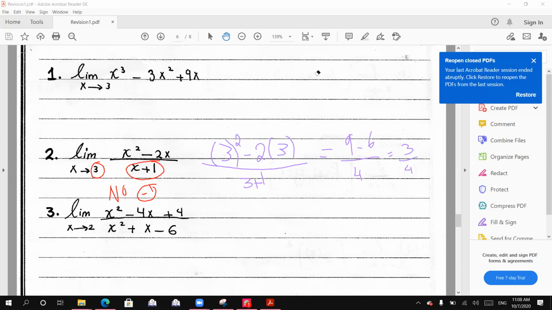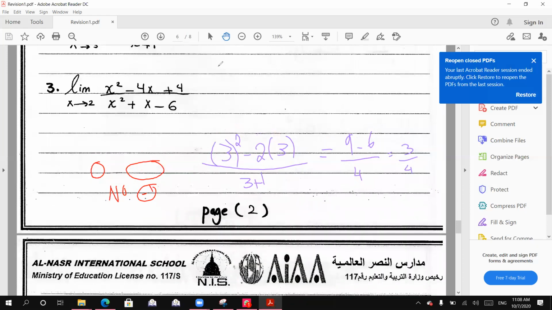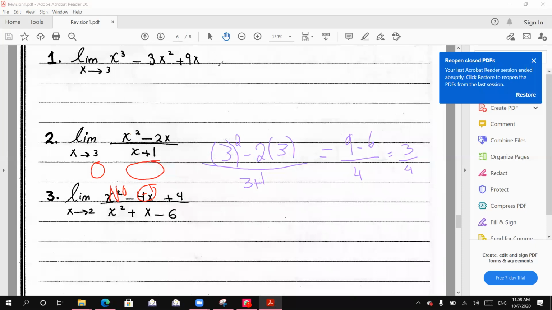Is it clear here? Look at the zeros of the function. Because it's not the same as where the limit approaches to, I just evaluate. Now look at number 3 here. Is it a rational or a polynomial?